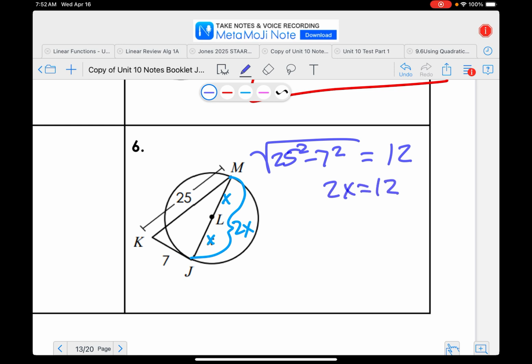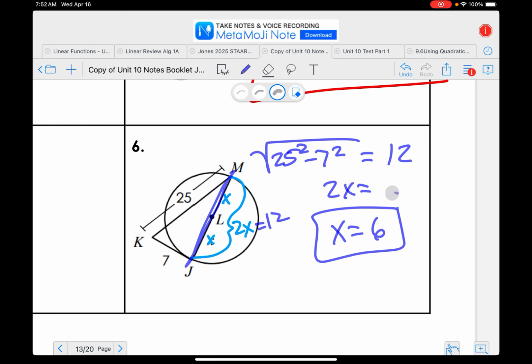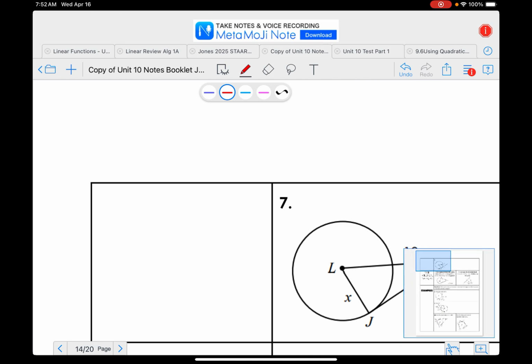The whole side here is 12. So if 2X is 12, X is 6. Actually, sorry, I got ahead of myself. I was looking at my notes wrong. This is 24. If 2X is 24, X is 12. All right. Because we divide by the 2. Hopefully you were with me on that.